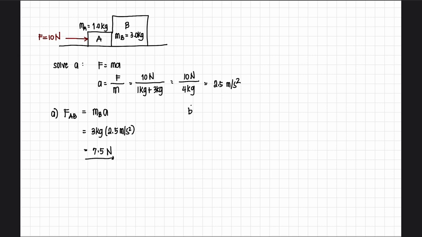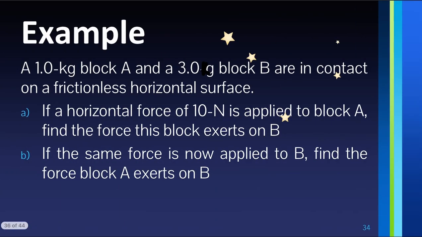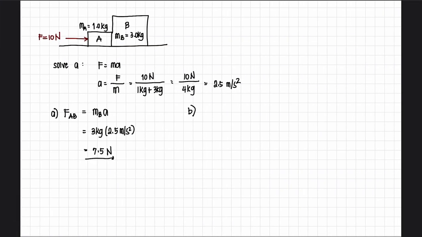In letter B, the question is if the force was now applied to B, meaning the force is now on the other side. So what if the force was here? If the force is 10 newtons, how much force is B exerting on A? That would now be F_BA, and that is equal to the mass of object A times its acceleration.